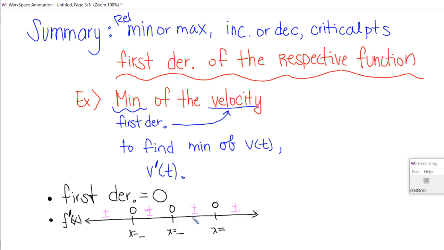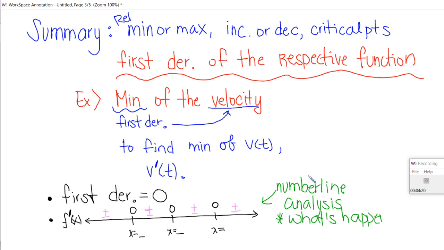So this number line analysis right there, that thing is called number line analysis. It helps you to figure out what's happening to the original function, the respective function.